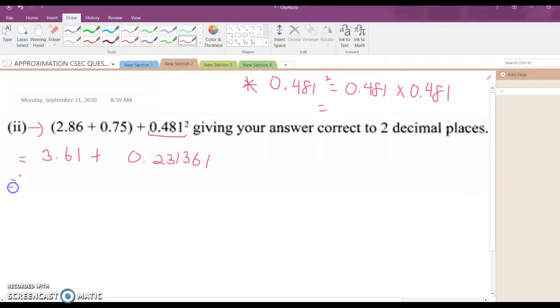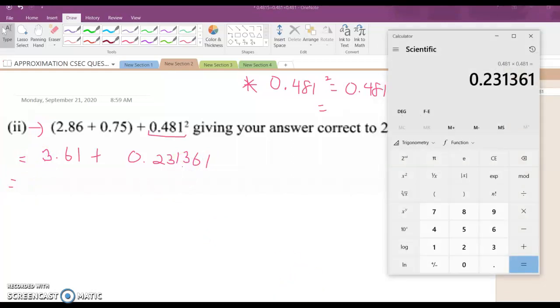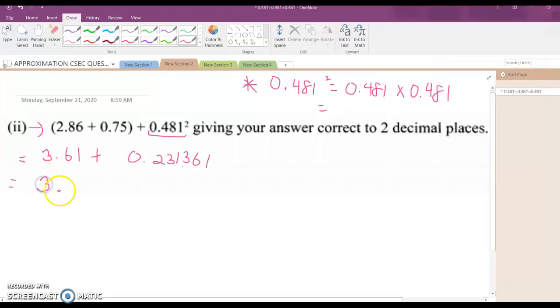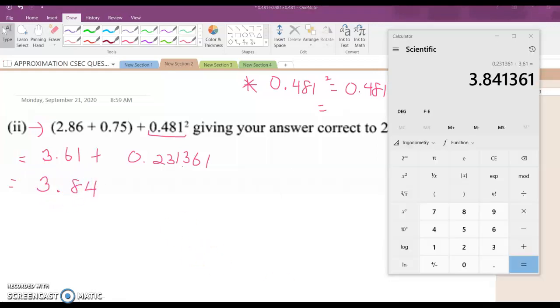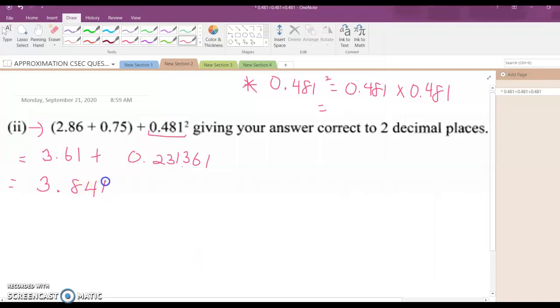And then from there, all we have to do is just add these two numbers, right? So we're going to add them together. And we would get 3.841361. But our answer doesn't stop there because we are asked to write it to 2 decimal places.